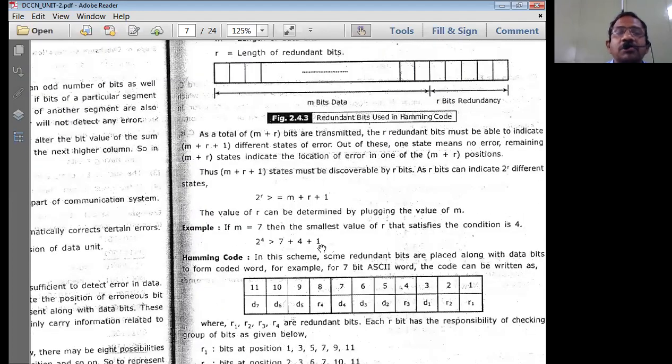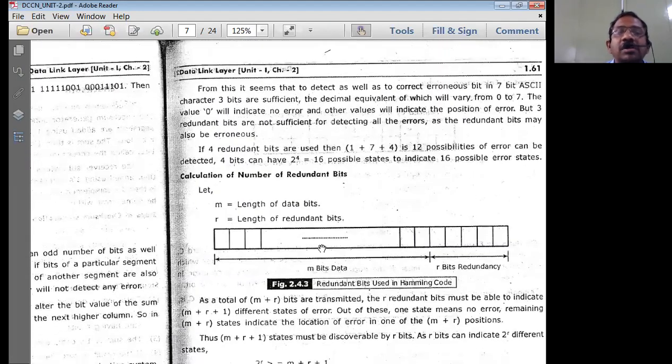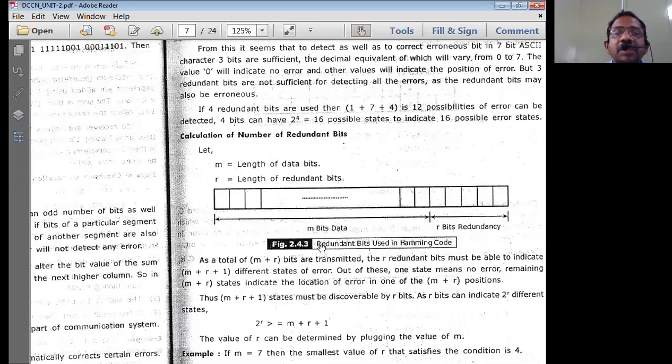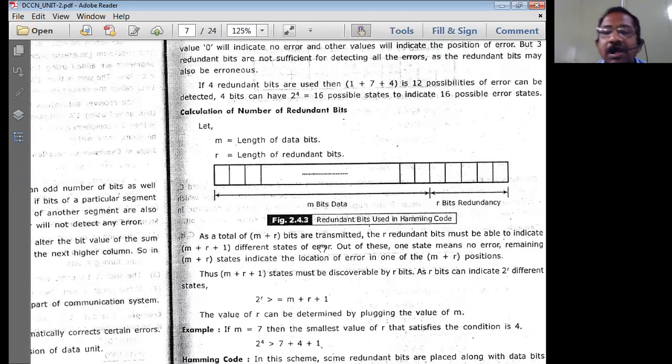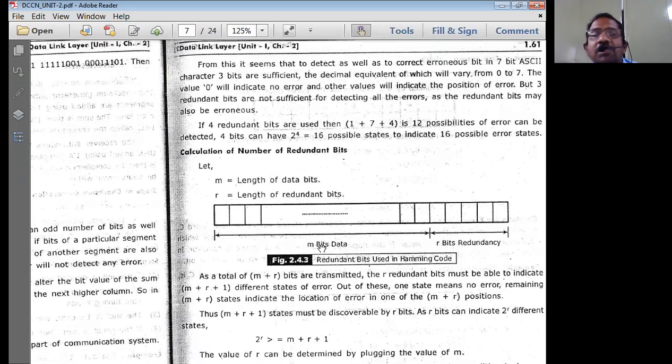First of all, we have to see how many bits there are, and figure out how many redundant bits are required to find the error in the data which is transmitted. That is the main performance design bottleneck for this error correction problem.